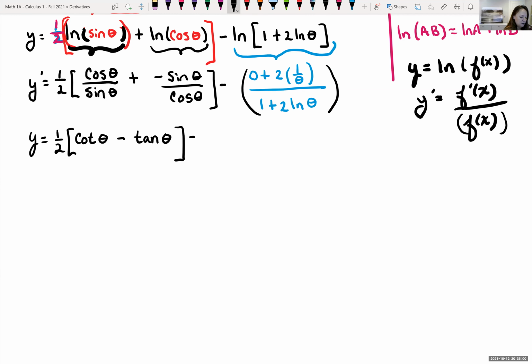We have this 2 over theta, technically, because 2 times 1 over theta is 2 over theta, all over 1 plus 2 natural log theta. So let's multiply top and bottom by theta. And so if we do that, in the denominator, I would have theta times 1 plus 2 natural log theta.